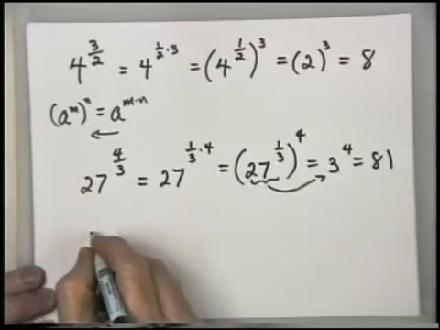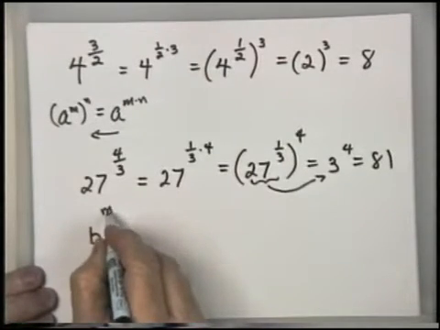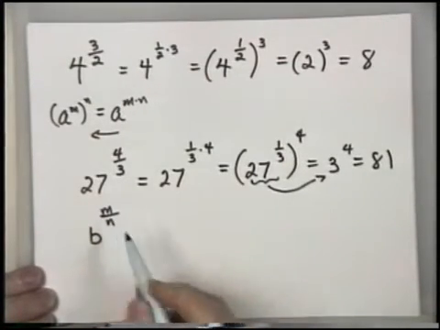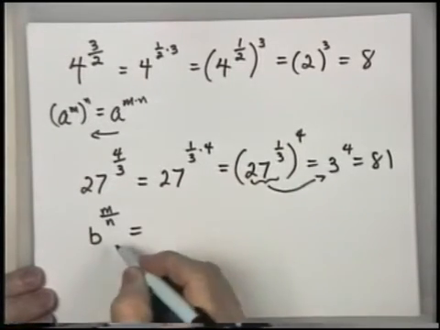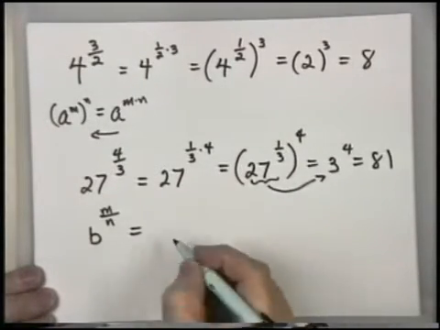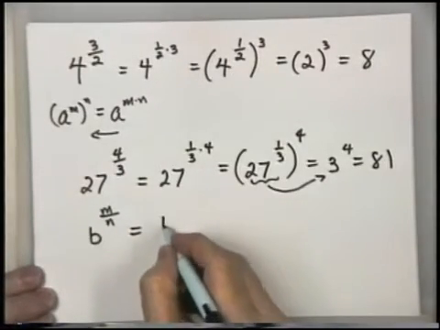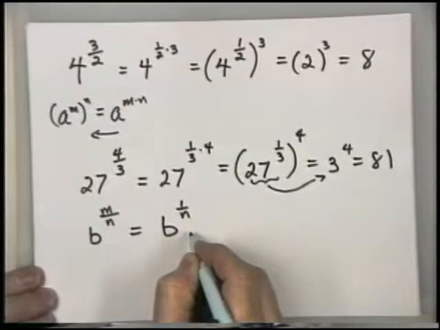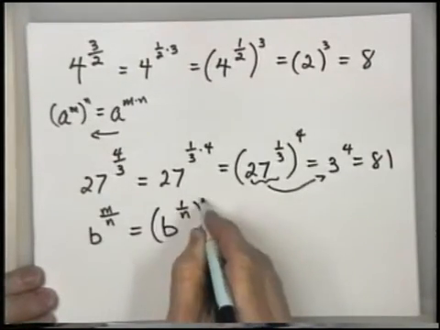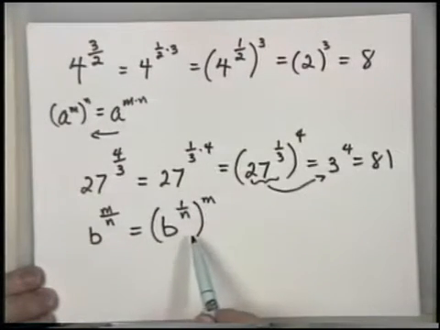In other words, in general, if I have some base b raised to a rational exponent m over n, one of the ways that I can calculate that rational power is to rewrite it using this law of exponents as b to the 1 over n quantity raised to the mth power.